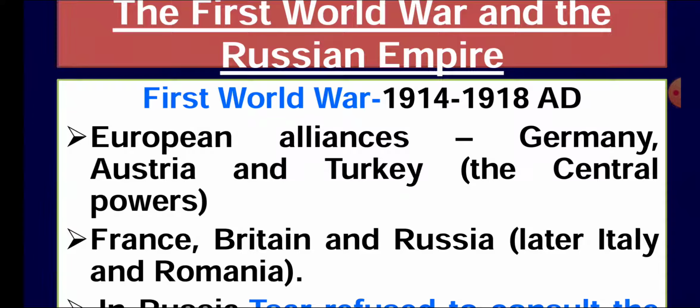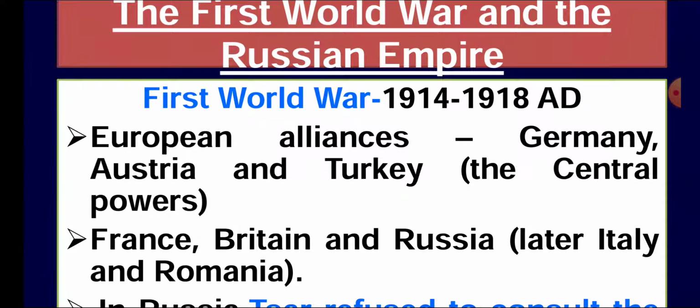Although there was no logic for the involvement of Russia in this First World War, it had, you can say, no participation, but to get name and fame and out of the feeling of aggression to gain states after the victory, the Russian Tsar involved Russia in the First World War as an allied power along with Britain and France. And in this First World War many Russian soldiers died.